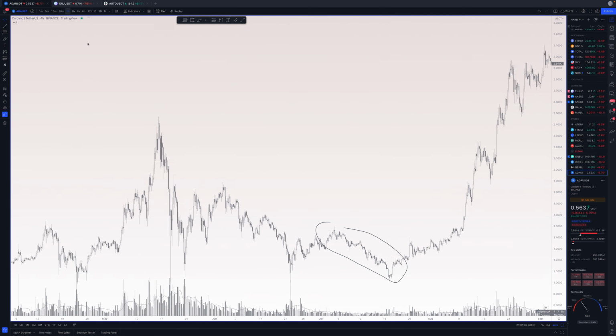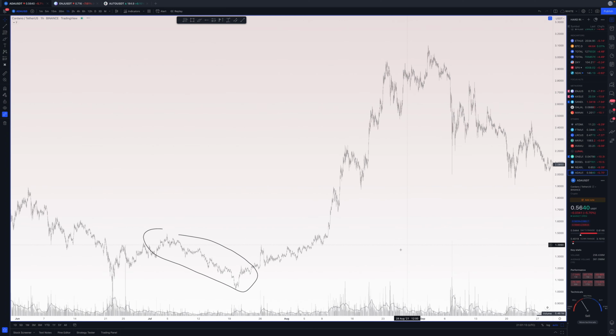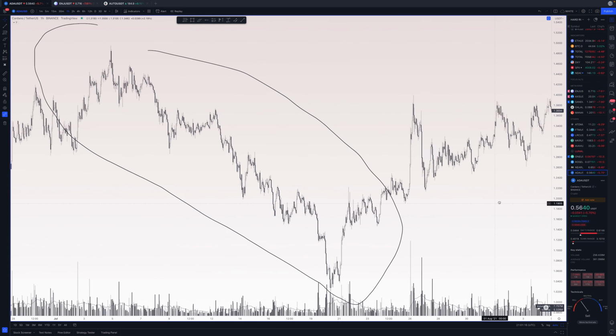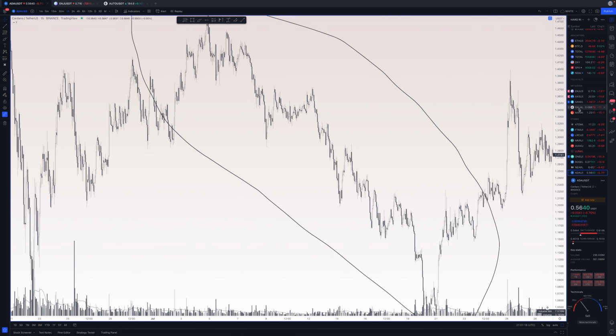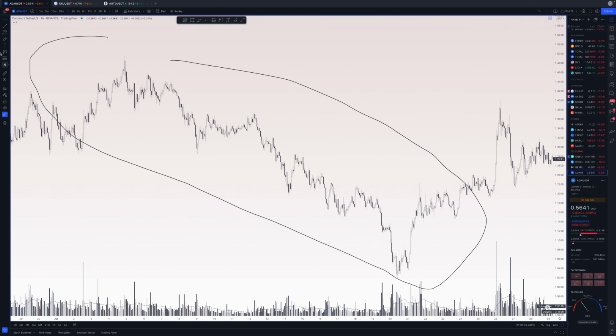Let's go even lower to the 1 hour time frame. Where are we? Yeah, so this is clearly a downtrend. If we zoom in like this, we have a lower high, lower high, lower high, lower high, etc.